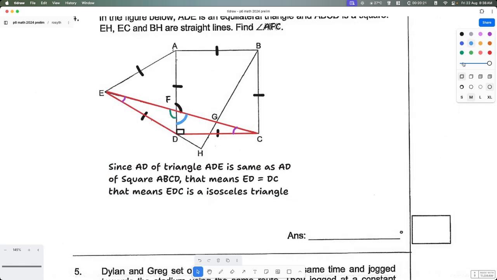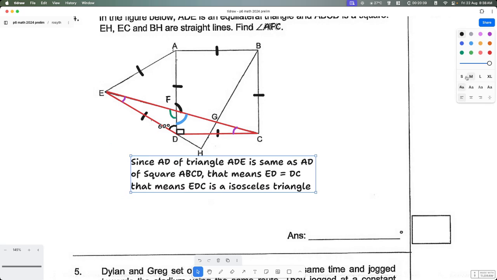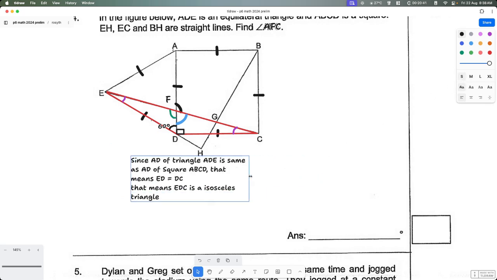At the same time, this angle over here is 60 degrees, because it is an angle of an equilateral triangle.